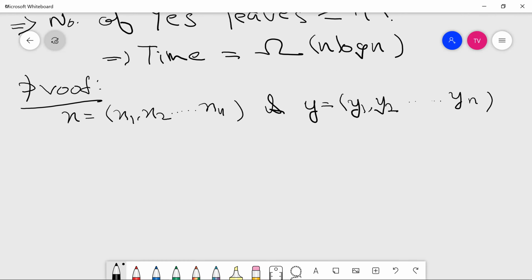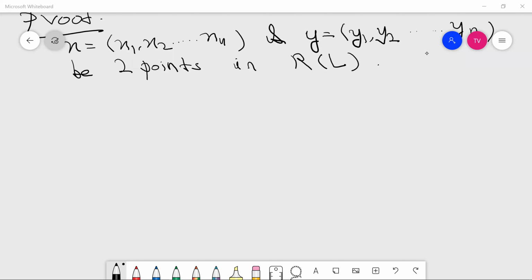These two points are in the region of L. In execution 1, when we take instance x, a leaf L is reached.